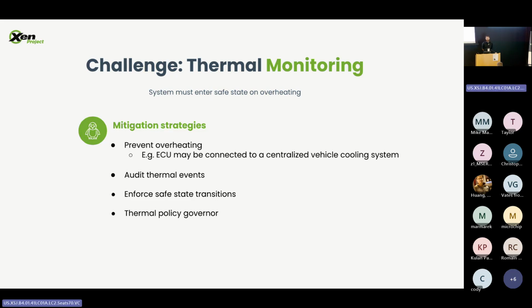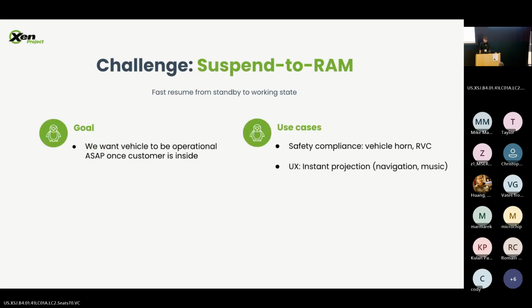But still, there's a chance to overheat. In this case, it's better to audit the event and then try to put the system in a safe state, like turning off displays, so the driver can at least park the car safely. And it comes to potentially having a thermal policy governor, probably in Xen.